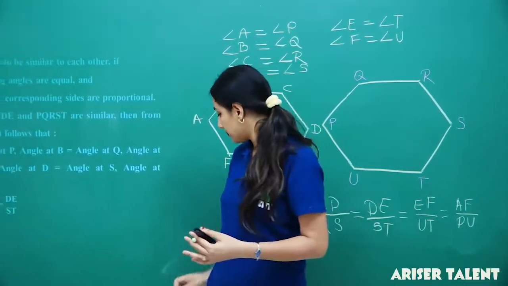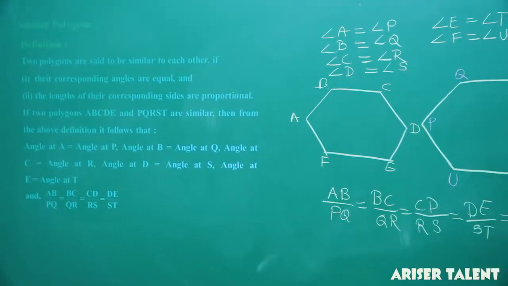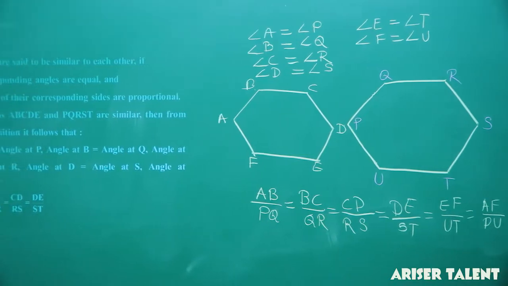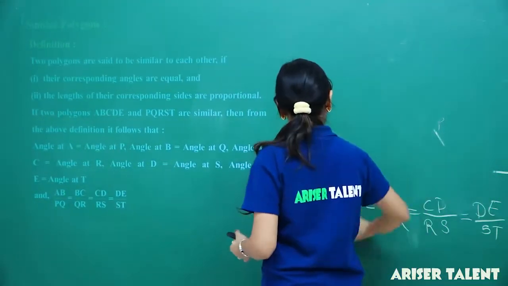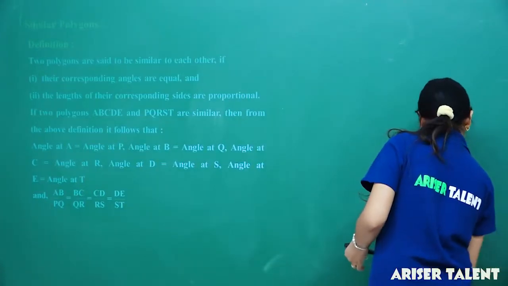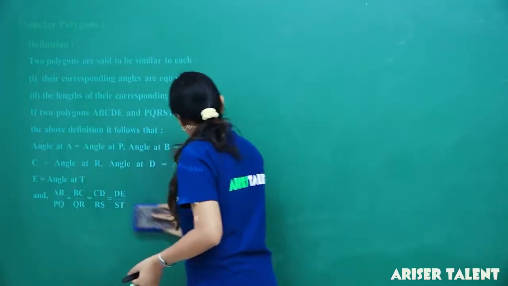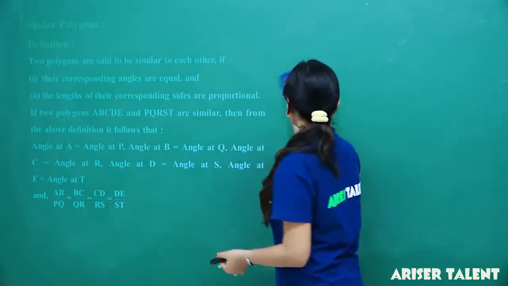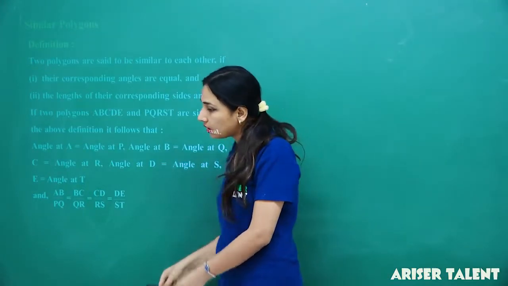Okay, students? Note this, I am going to rub that. Students, I've told you to look at this figure, look at this triangle, and you'll find out that this is similar and this is not.